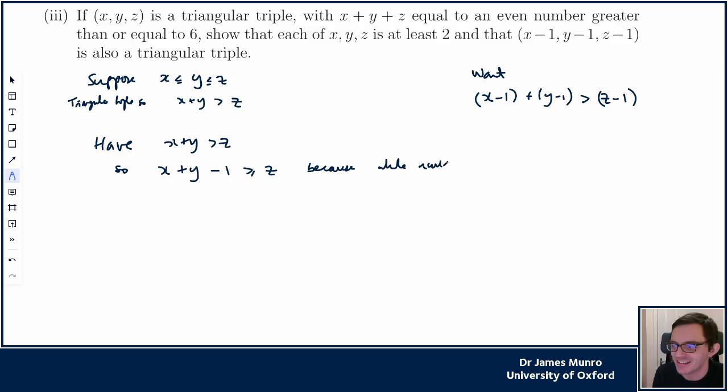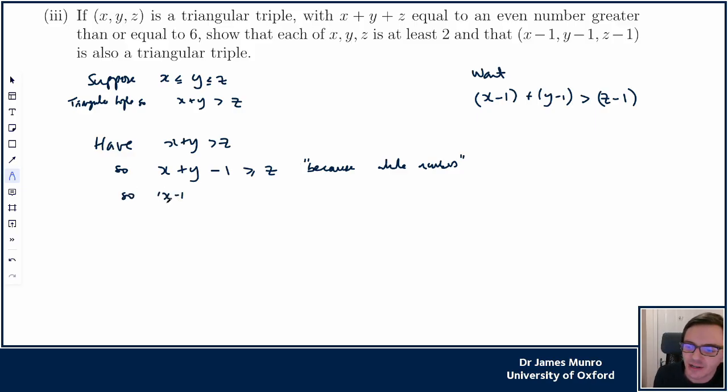If we subtract 1 from the left-hand side, we'll get another whole number, which might be z, or it might be still a number that's bigger than z. It can't be a whole number that's smaller than z, otherwise x plus y would be z or smaller, sorry. So we do actually have x plus y minus 1 is greater than or equal to z.